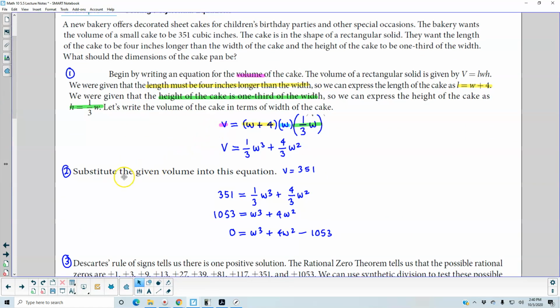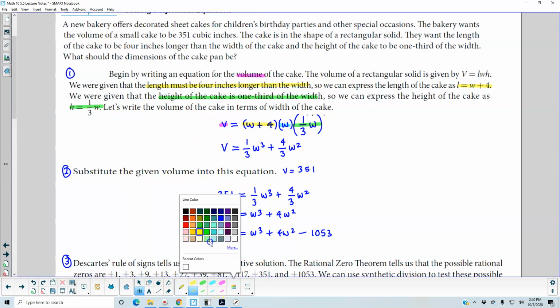Now we're going to substitute the given volume into this equation. The volume of the cake was 351 cubic inches. So if V is equal to 351, we plug that in for V. We have 351 equals 1/3 times W cubed plus 4/3 W squared.